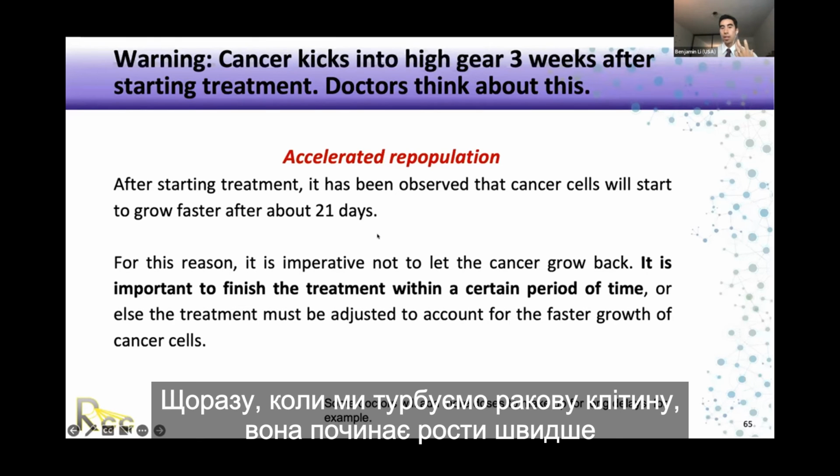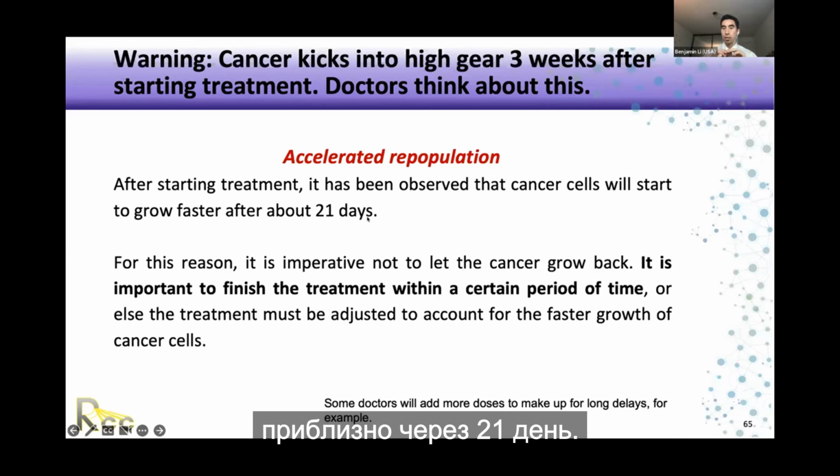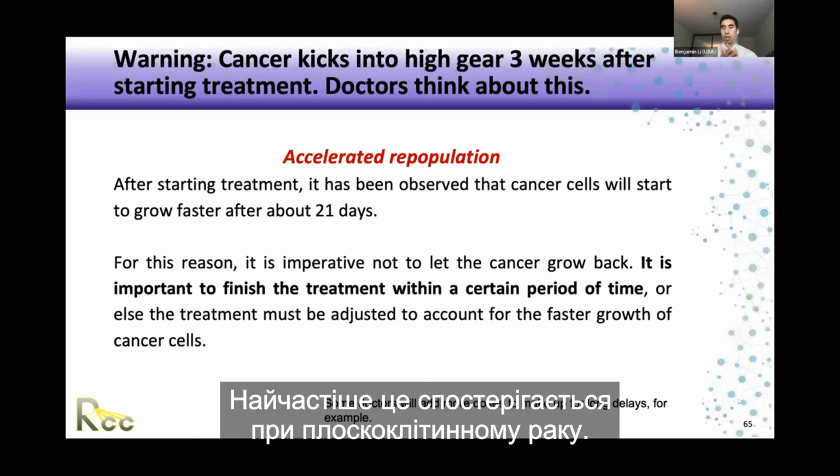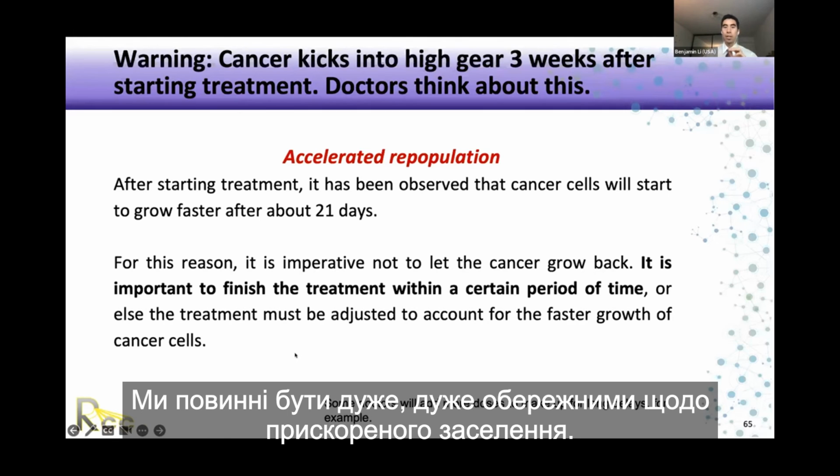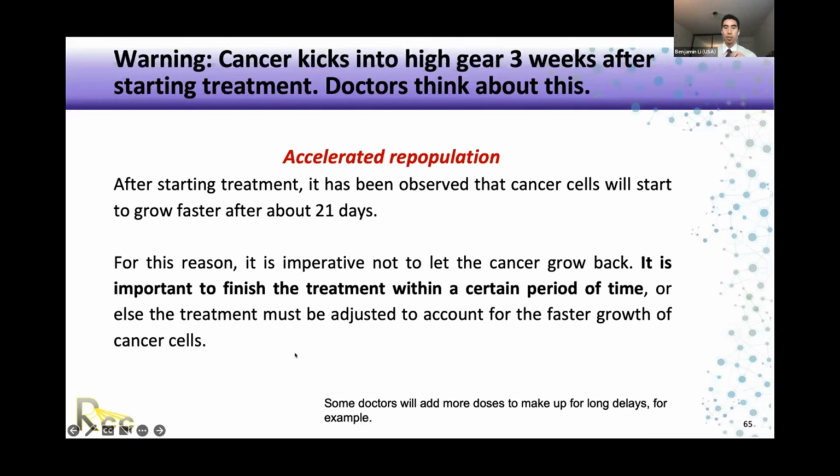Any time we disturb a cancer cell, it starts to grow back faster about 21 days later. This varies according to cell type. It's most commonly seen in squamous cell carcinoma. So with cervical cancer and head and neck cancer, we have to be very, very careful about accelerated repopulation.